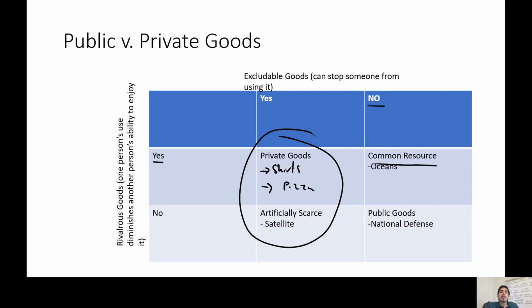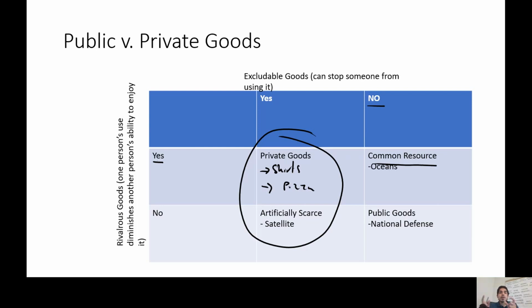It's hard to exclude people from using oceans, but one person's use diminishes another person's ability to enjoy. And so specifically clean oceans, right? It's hard to exclude countries from using ocean water, and they're dumping perhaps sludge in the ocean water. And so there's a tragedy of the commons example, right?